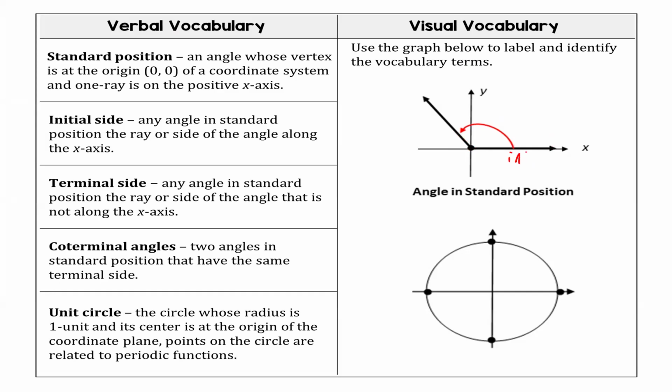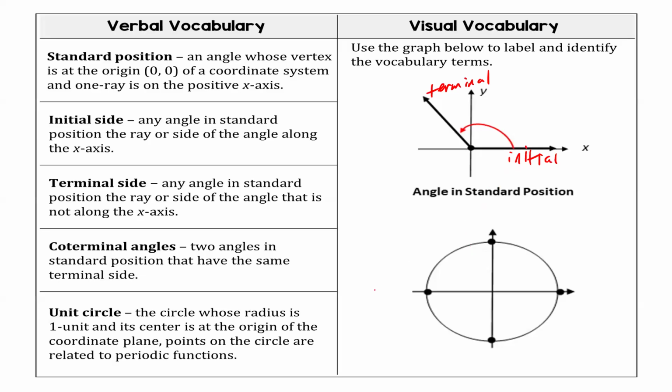Your initial side is on the positive x-axis. Your terminal side is the part of the angle that is moving, that is rotating. Initial and terminal.